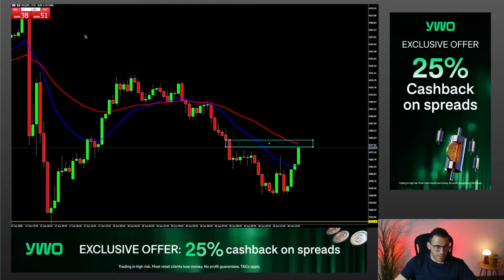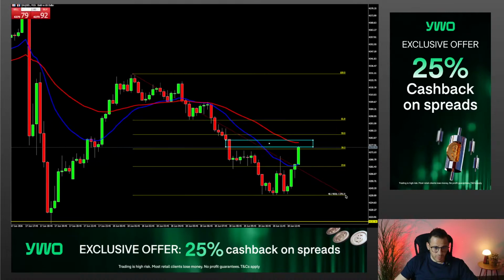So let's see if we can draw some Fibonacci to overlap this kind of area. Now we are on 38.2, so 50 and 61.8. This can be a good area to look for a potential short, guys, here. If we don't get rejected at this one, then we're gonna come up here and maybe we're gonna get the rejection.